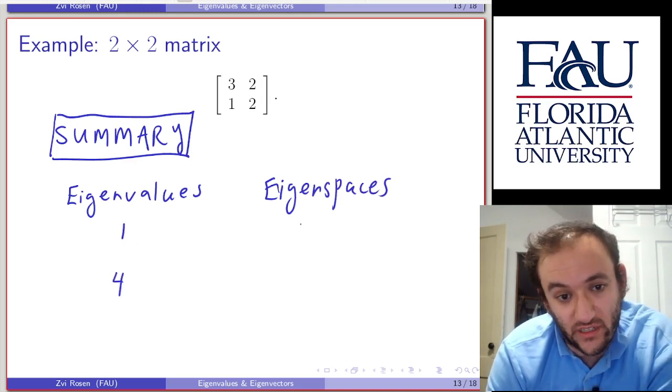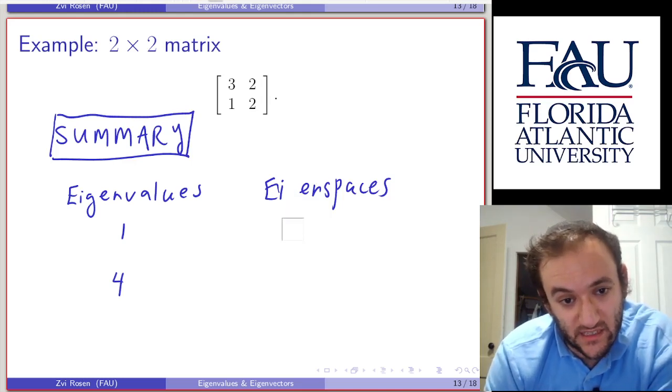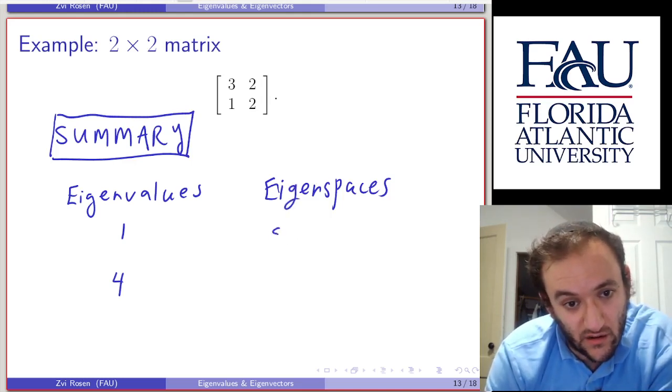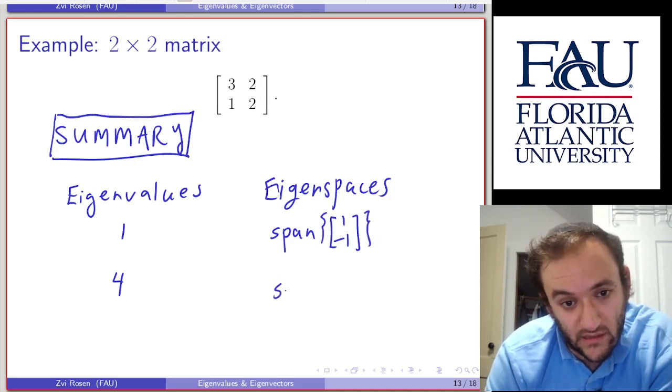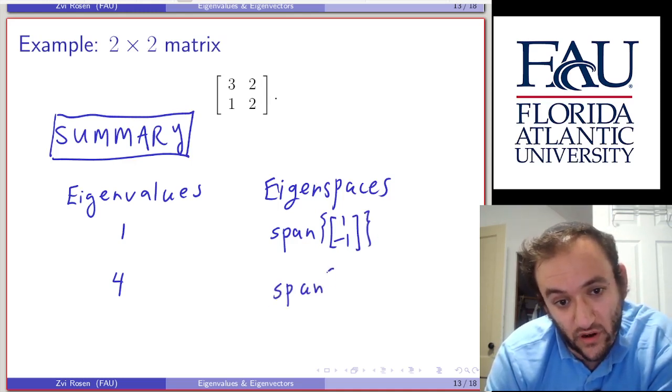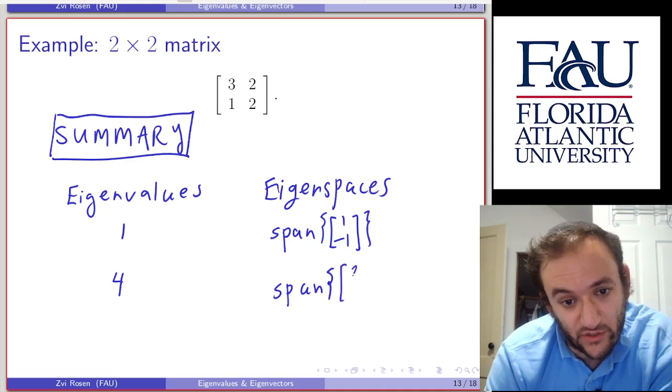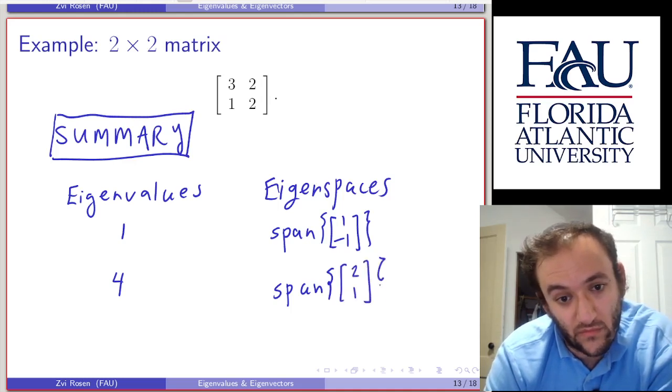The eigenspace corresponding to 1 is the span of the vector (1, -1). And the eigenspace corresponding to 4 is the span of the vector (2, 1). Okay?